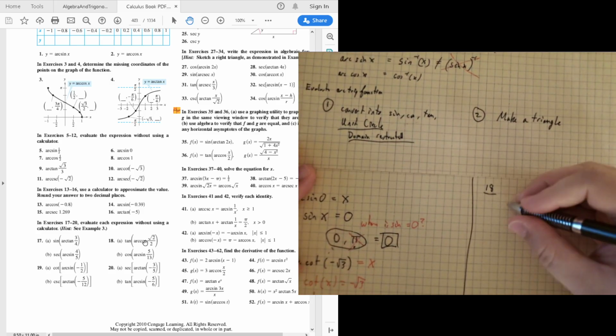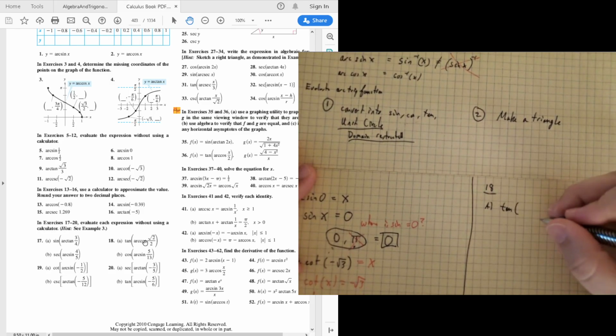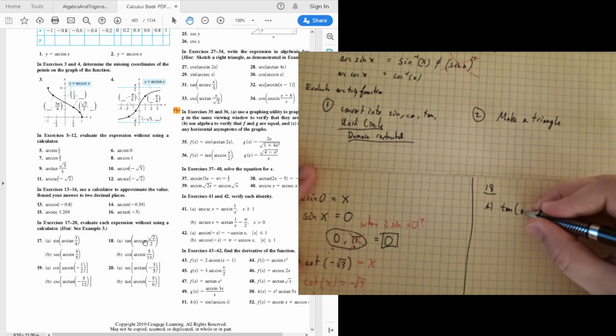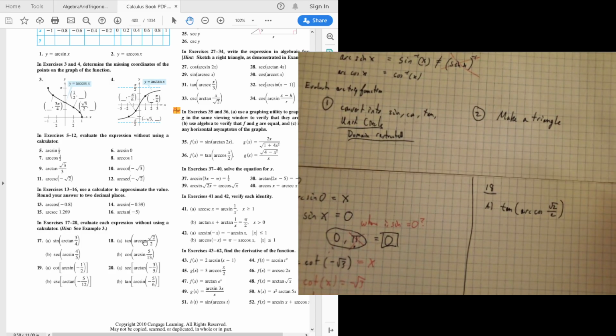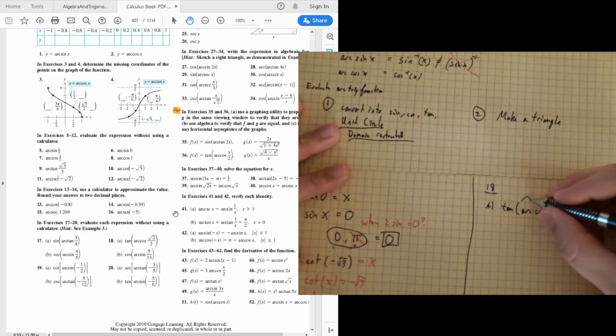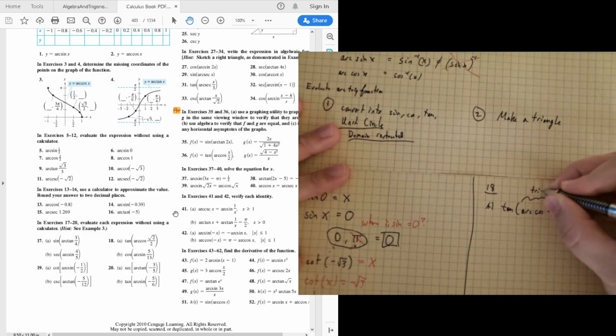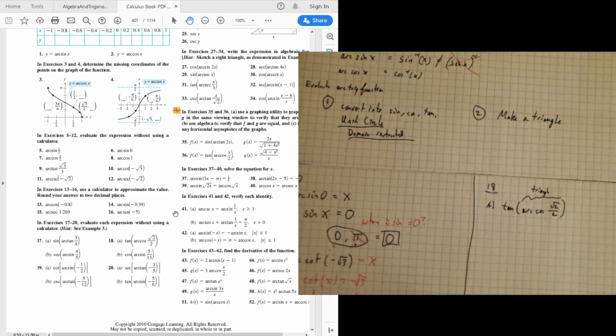We want to do tangent of arc cosine of square root 2 over 2. Well, what does this mean? It means I have a triangle with some properties. What are those properties?